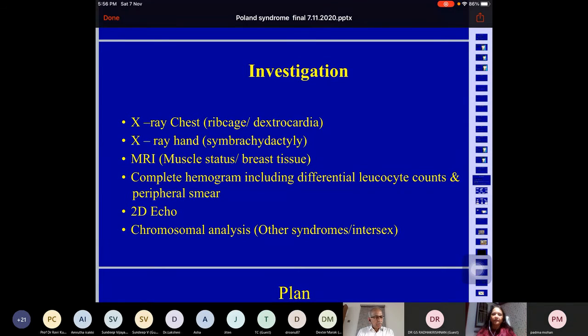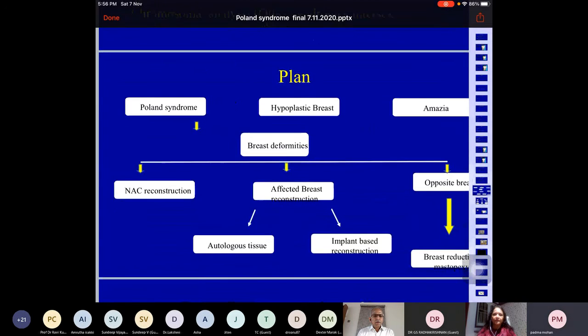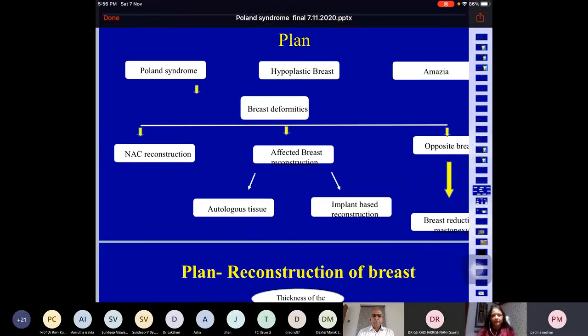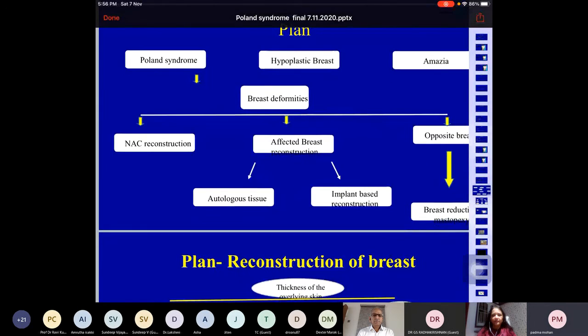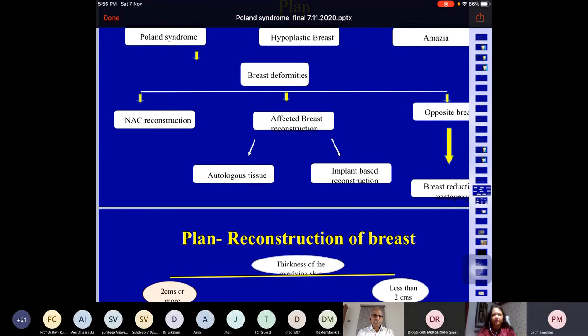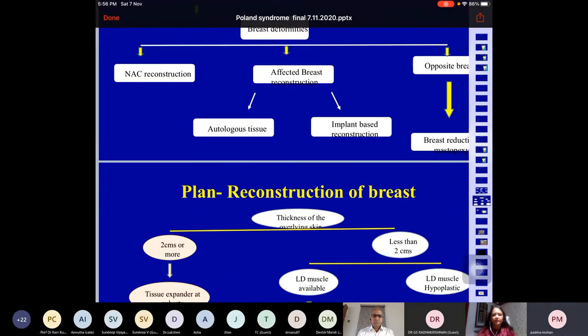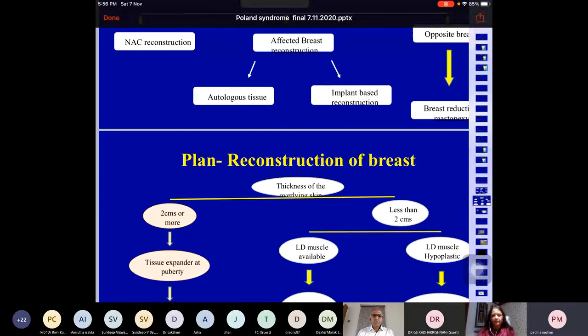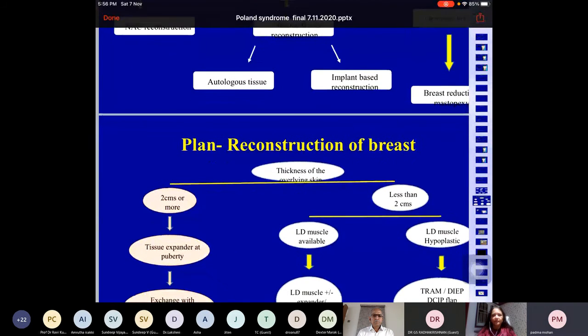Okay, thank you. Coming to my plan, for the breast deformities, I would like to first do the affected breast reconstruction and the nipple areola complex reconstruction later on. And depending on the symmetry, if the patient wants the opposite breast to be operated upon, then we can plan a secondary stage opposite breast reconstruction.